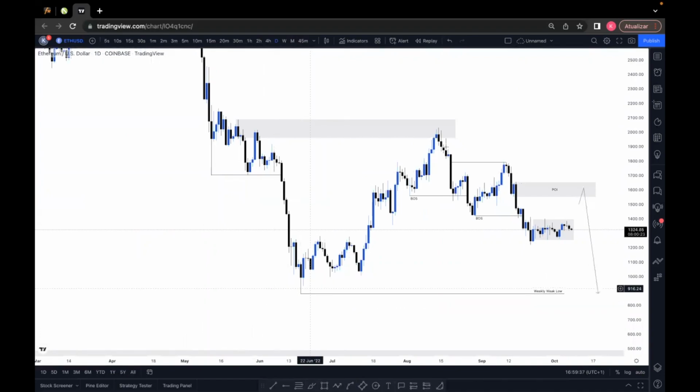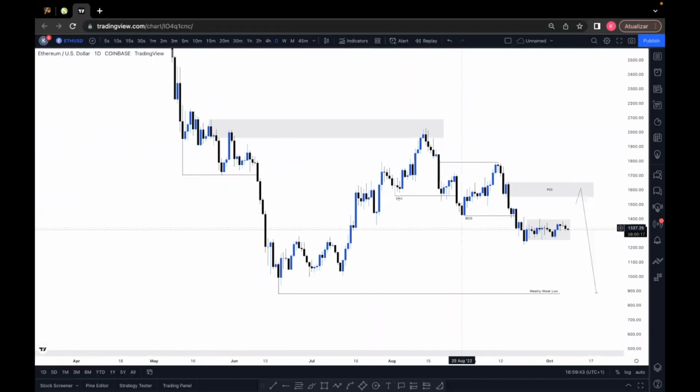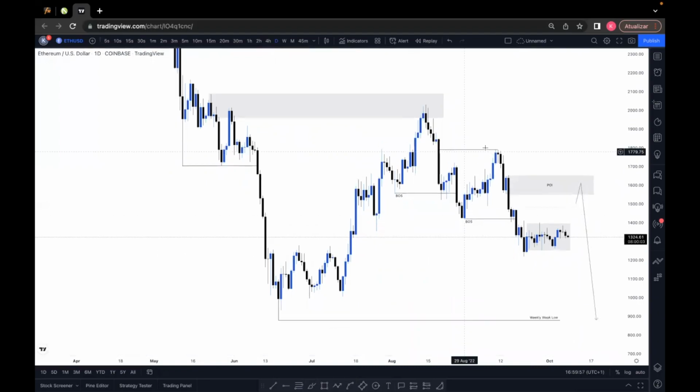Then we had this strong push to the upside, pretty much this mitigation at the extreme POIs. We had a nice change of character on the daily time frame. We had a mitigation above 50% of the range high and low. Then we had a second break of structure. So this was just a beautiful two breaks of structure confirmation, right? That bearish order flow transition confirmed, right?